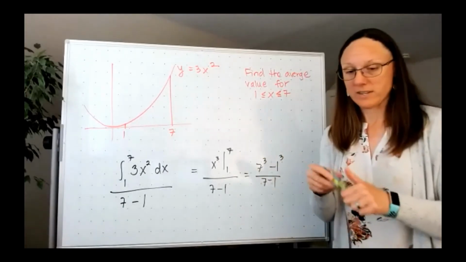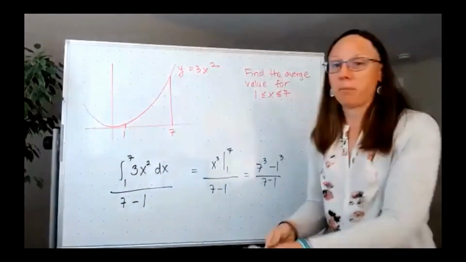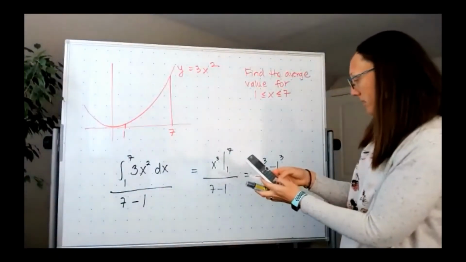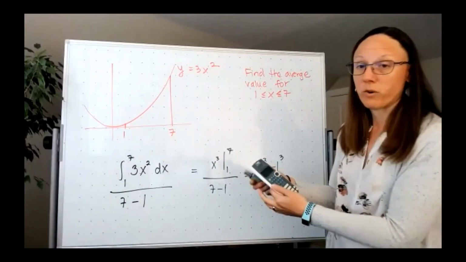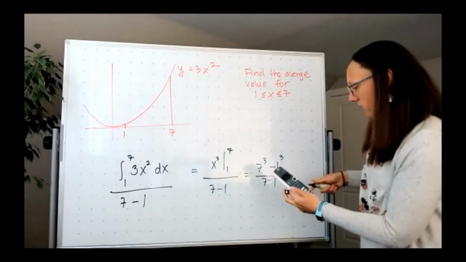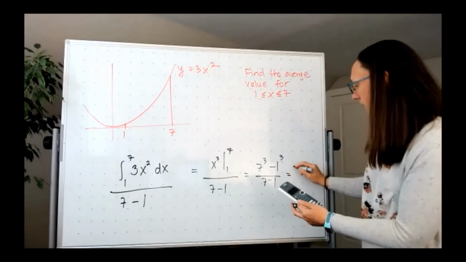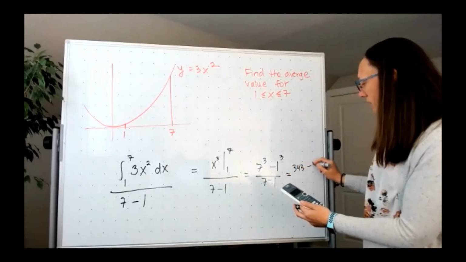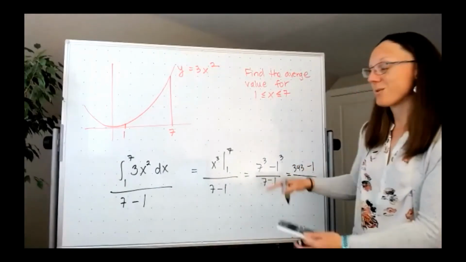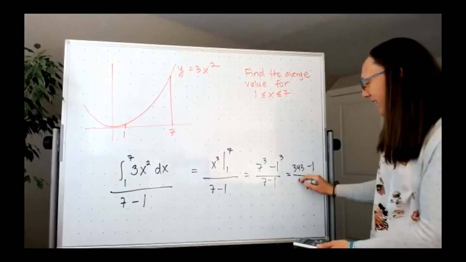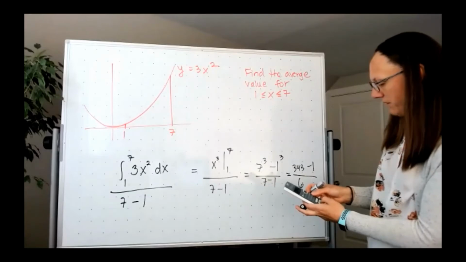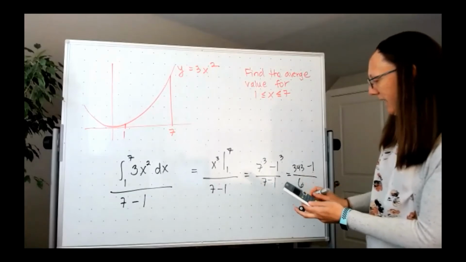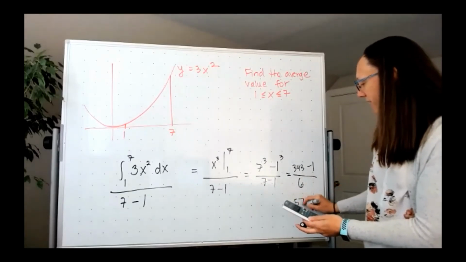I have no idea what 7 cubed is, but by the magic of my calculator, 7 cubed is 343. So this would be 343 minus 1, over 7 minus 1. I can do that one in my head, and I'm going to get 6. And 342 divided by 6 is 57.